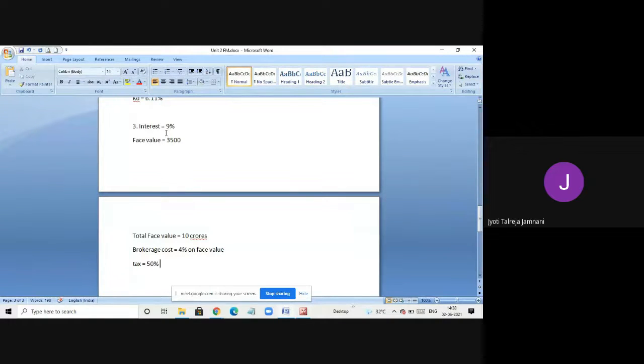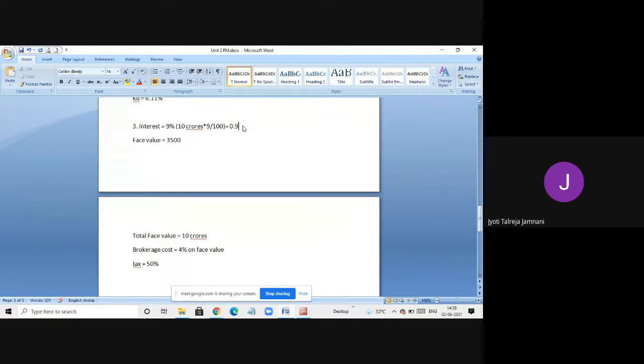Okay, first let's find the interest. Interest is 9%, so on 10 crores into 9%, 9 divided by 100. So 10 into 9%, how much do you get? 0.9. If you take all the zeros, you will get it as 9 lakhs.